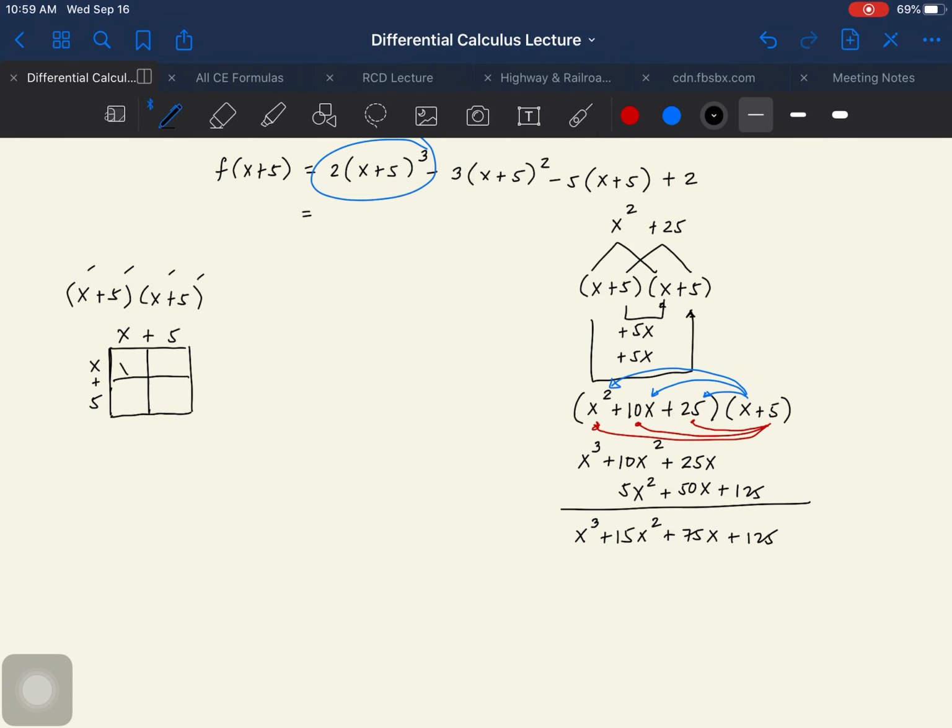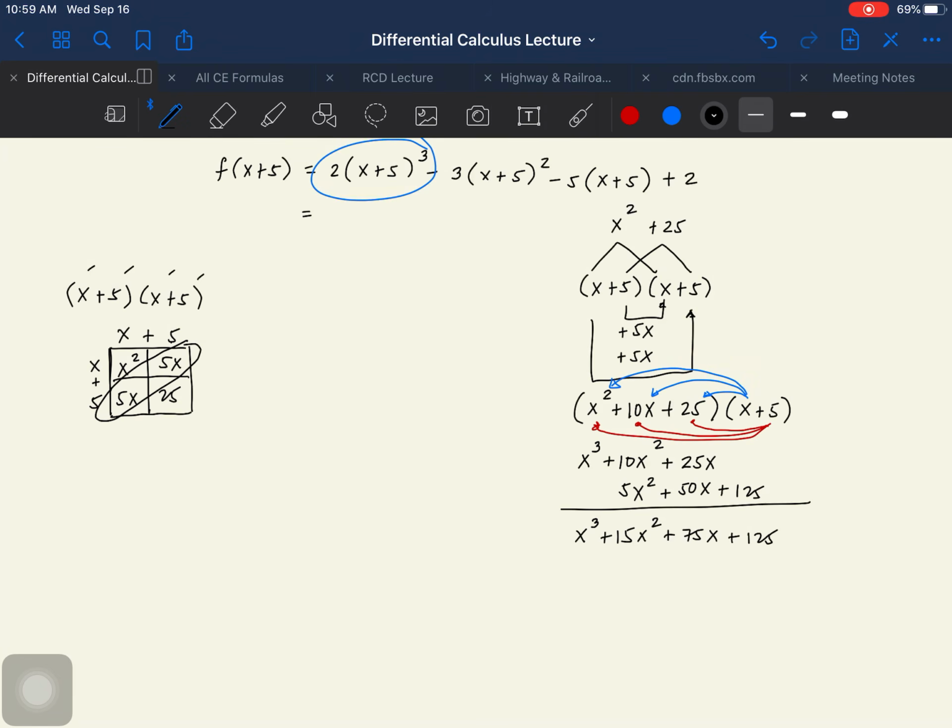Right? So what is x times x? X squared, 5 times x, that is 5x. X times 5, 5x. 5 times 5 is 25. Now, observe the diagonal, it has the similar terms.